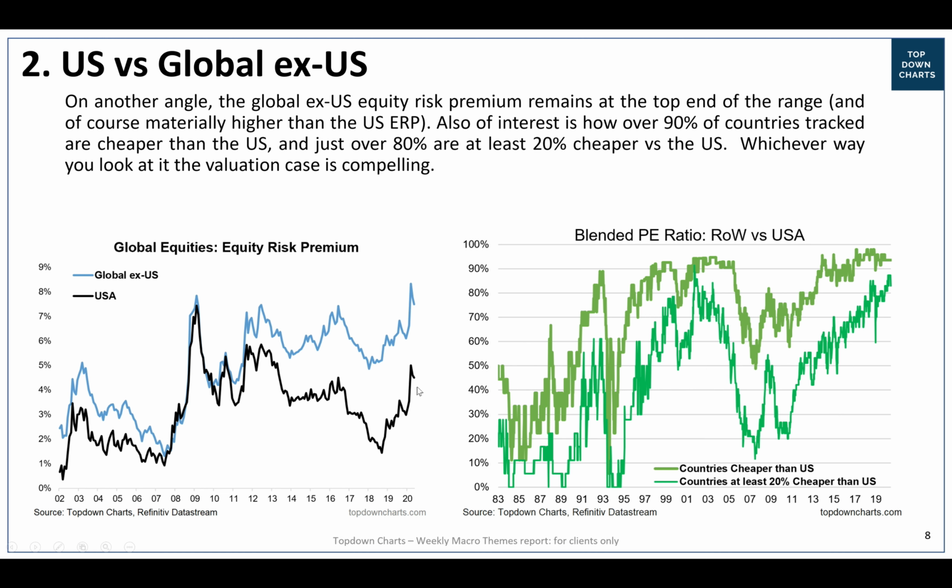It has also come down a bit since then. But it's just another lens by which you can see that global ex-US is definitely cheaper than US equities, and also in this lens, offering a better, significant premium over risk-free, or quote-unquote risk-free, government bonds.